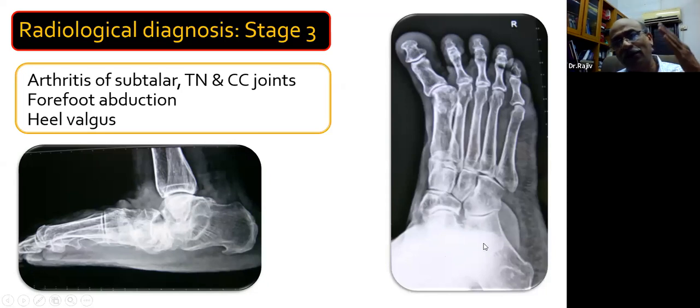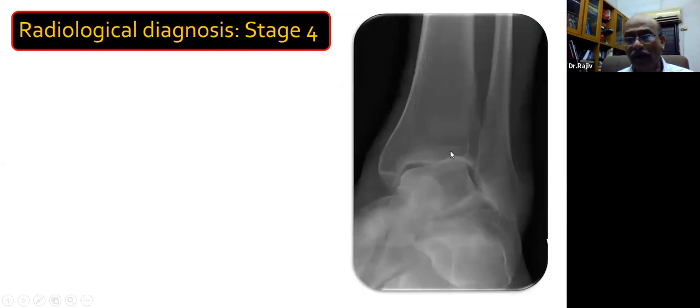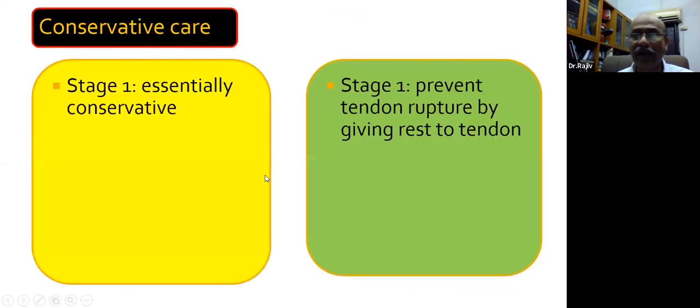So in stage 1, you don't have any deformity. Stage 2, you have a flexible deformity. Stage 3, arthritis of the joints with a fixed deformity. In stage 4, the talus has gone into valgus in the ankle mortise. That is how you essentially diagnose it.